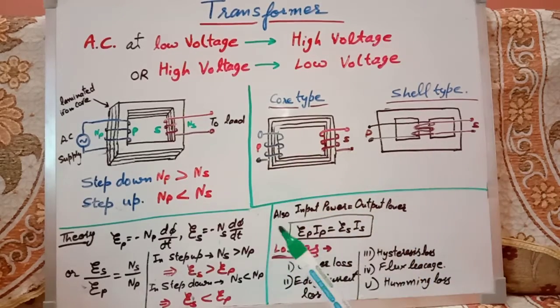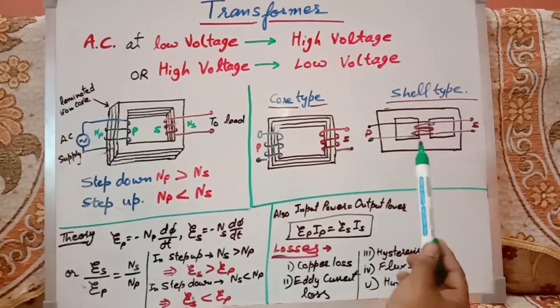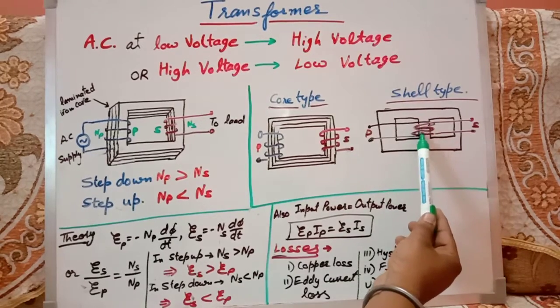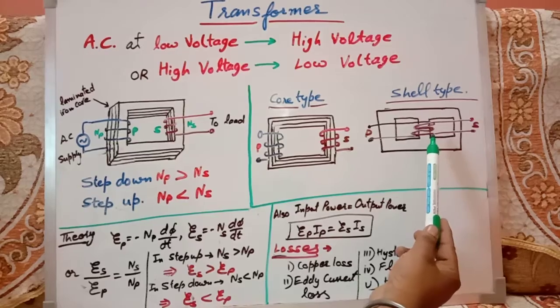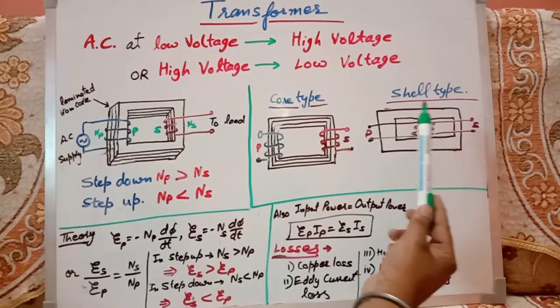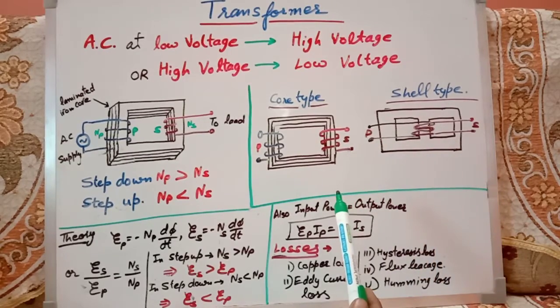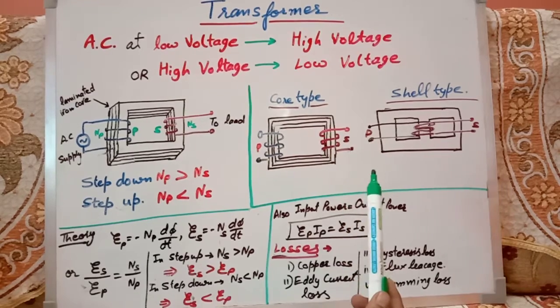And the second one is shell type. In a shell type transformer, the primary and secondary are wound one over another on the same limb of the iron core. The coils are largely surrounded by the iron core. The transformers used in radio and TV transmitters are shell type transformers.